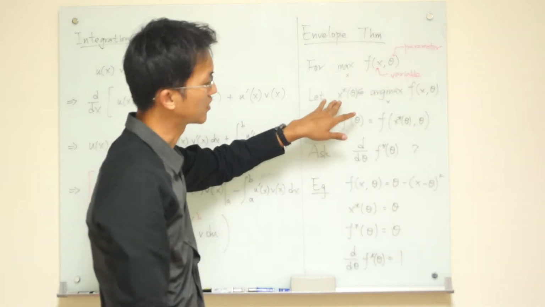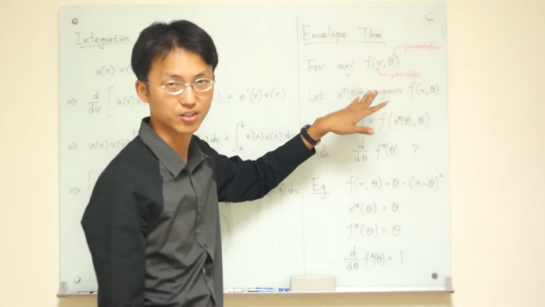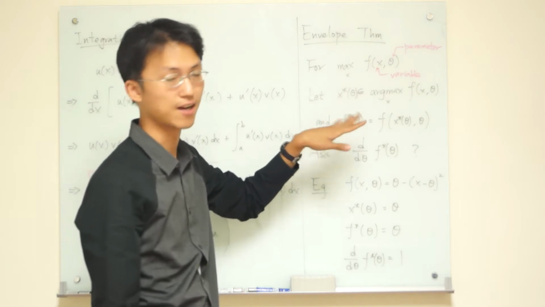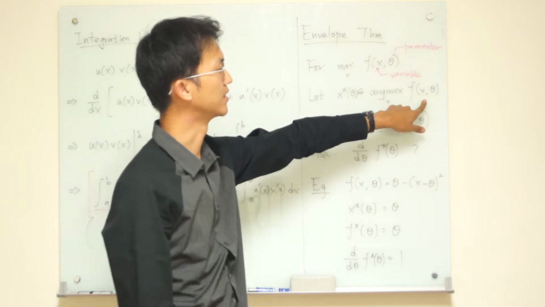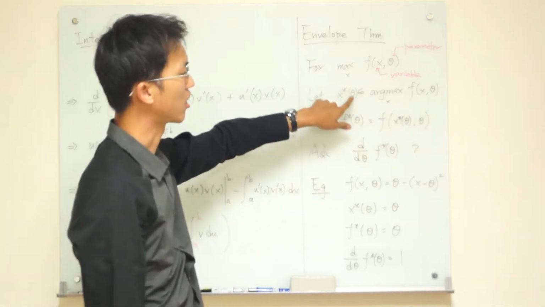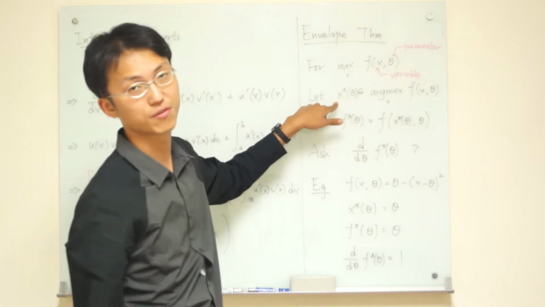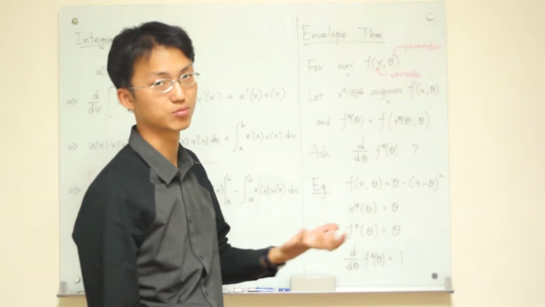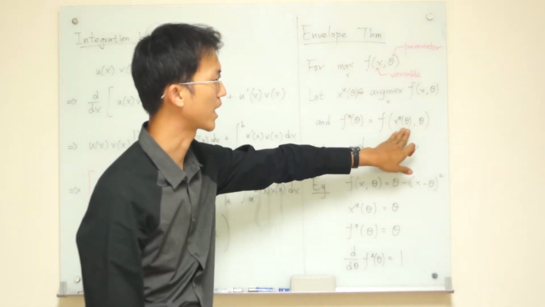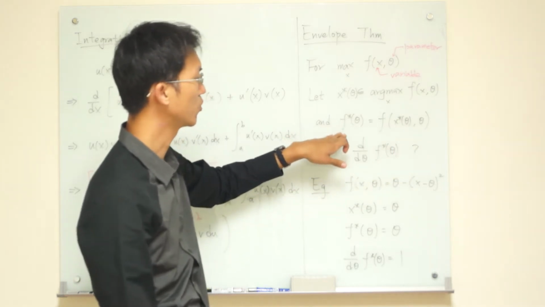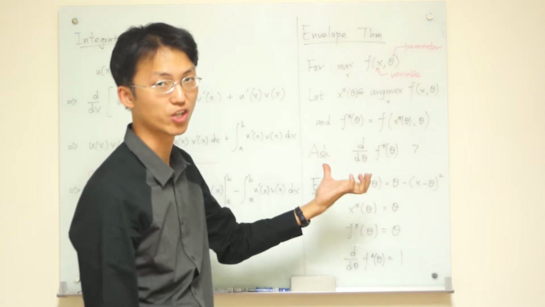In this case, we can find the optimal solution for the function for each given theta. I mean, suppose we can do that. In that case, we say x star of theta is the optimal solution given theta. This should be a function of theta because when theta changes, the problem becomes different and the optimal solution may become different. If we plug this optimal solution back into the original problem, we get what we call f star of theta, the optimized objective value.